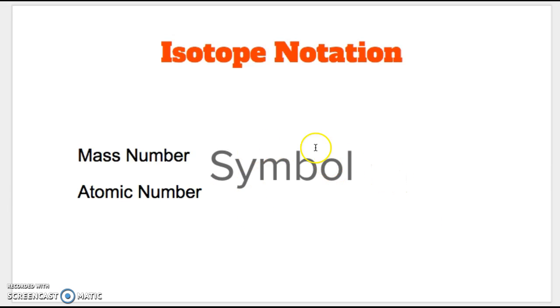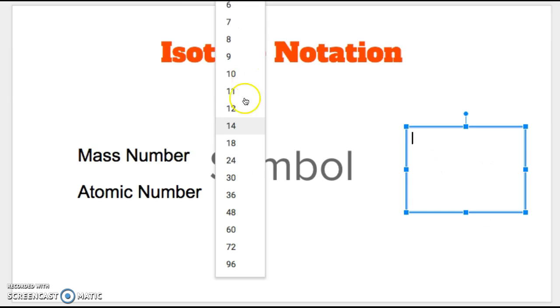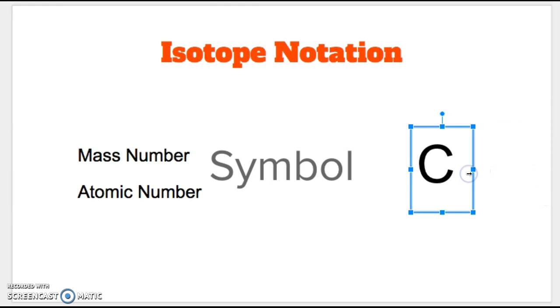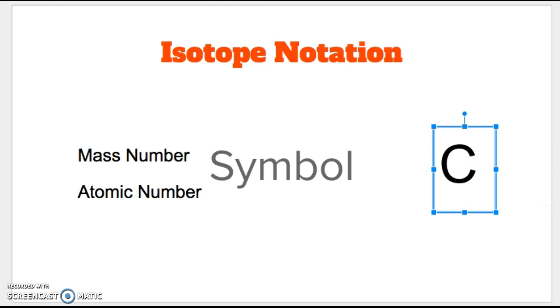Okay, here's your isotope notation. Okay, so for isotope notation, what you're going to do is you're going to take the chemical symbol, right? So let's see. Say we're making isotope notation for carbon, okay? First thing we do is we put our chemical symbol right there, carbon, okay? Now, up in this top left corner, you're going to add the mass number.